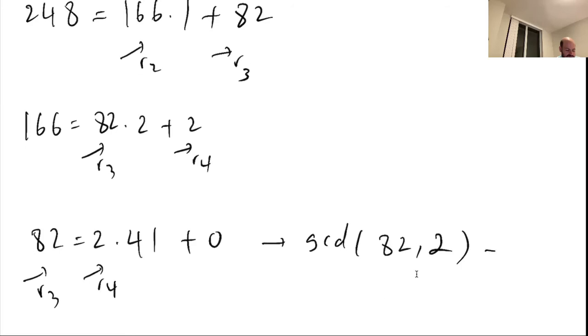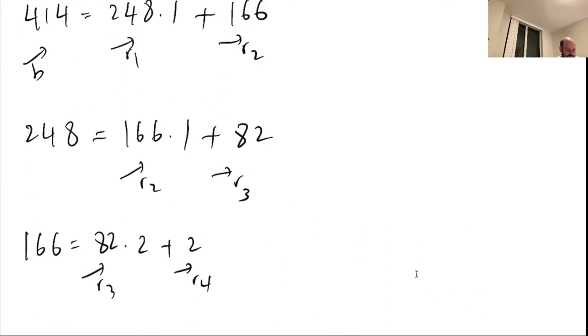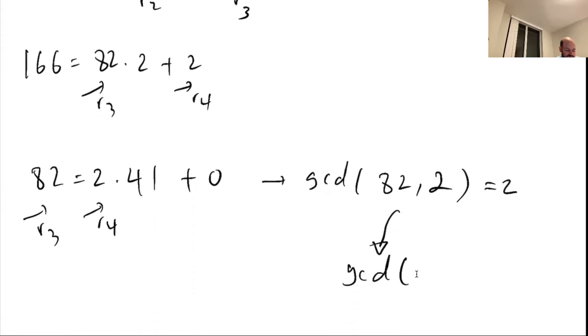GCD of 82 and 2 is 2, which means that GCD of the original two numbers, 662 and 414, is also 2. Because GCD of 82 and 2 is 2 because one is a multiple of the other one. And once I see that one number is a multiple of the other one, then I can say that GCD is the smaller number. 82 is a multiple of 2, so GCD right now is 2.